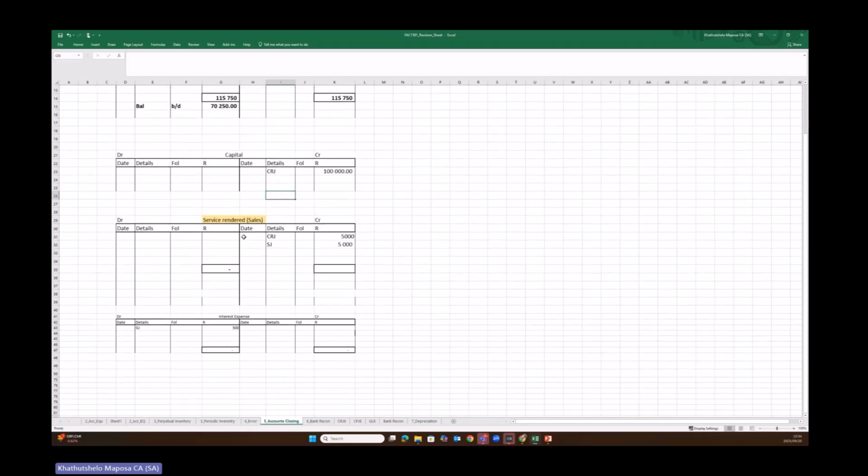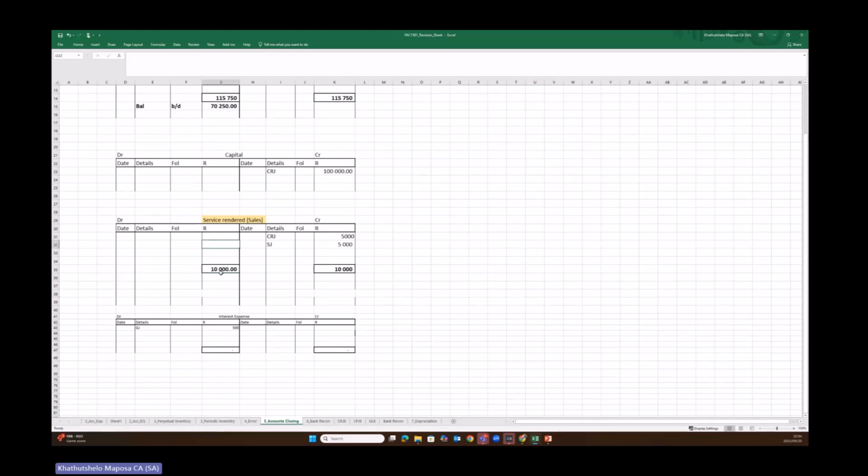So the services rendered or sales, this is an income account, which closes to an equity account. The credit side looks like 10,000 to me, and the debit side is 0. Which one is bigger between 10,000 and 0? The bigger one is 10,000, meaning our totals will be 10,000.